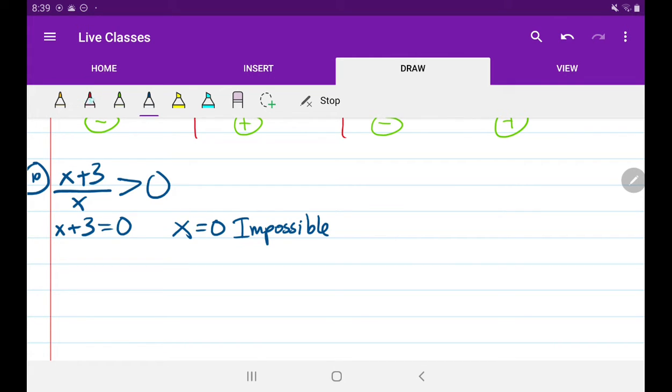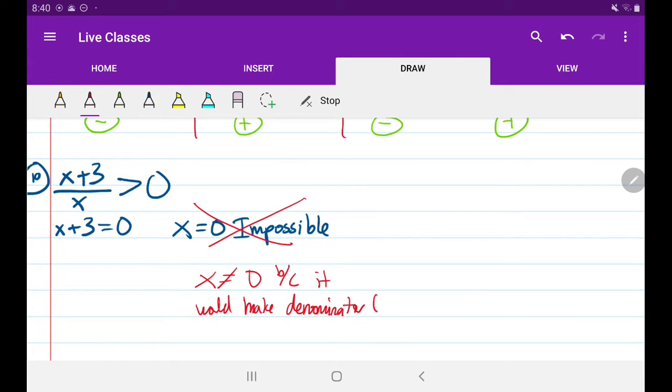So something that we do want to say is not necessarily that x is equal to 0, but that x cannot equal 0, and that's because it would make the denominator 0. Okay, and we'll have to talk about what that turns into in just a minute.